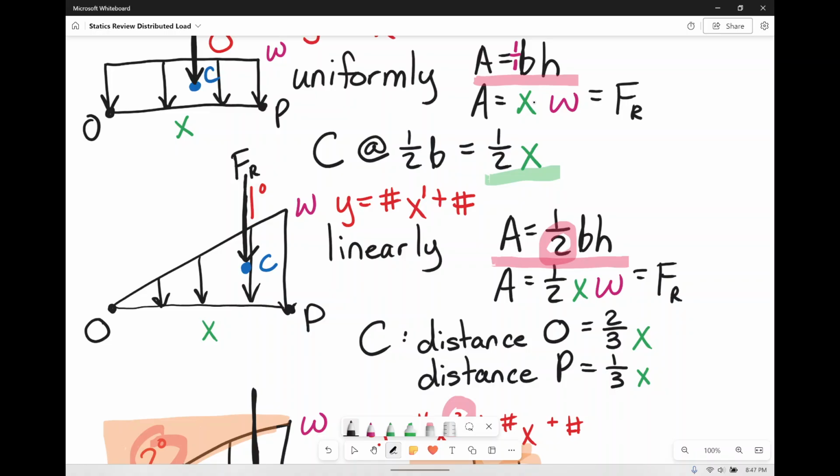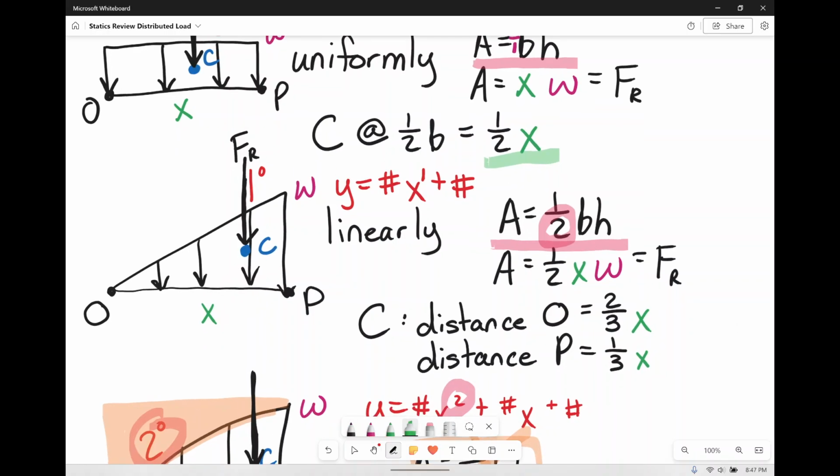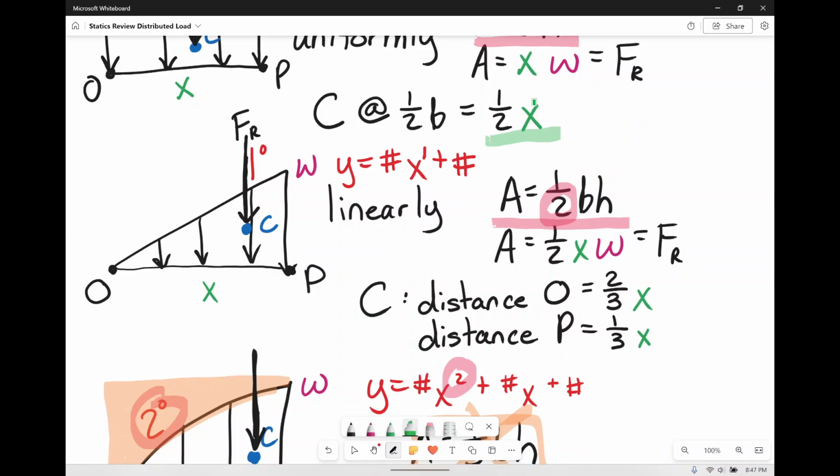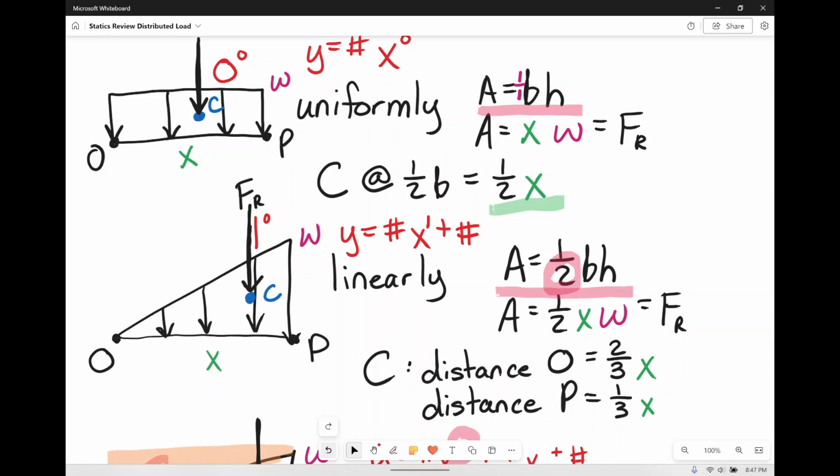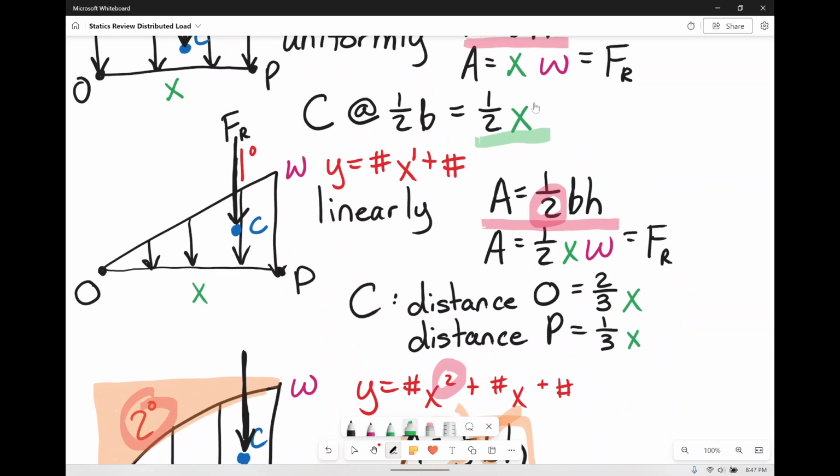Still, the distance to O is 1/2 x, and if you go to the 1st degree, you realize that the distance to O is 2/3 x. Now maybe that one's not very clear, so let's look at it in terms of P. So what do we have for P? Again, for the rectangle, it's still 1/2 x. When you go to the triangle, you get 1/3. Okay, so what happened? Well, we started with 1/2.